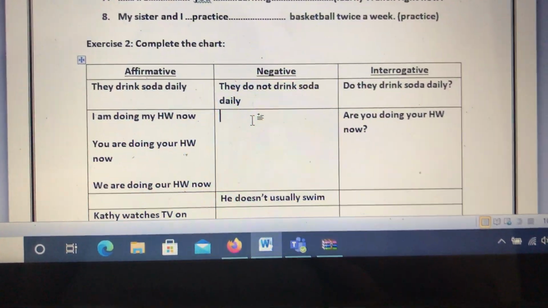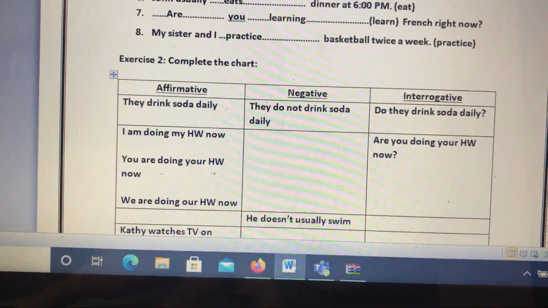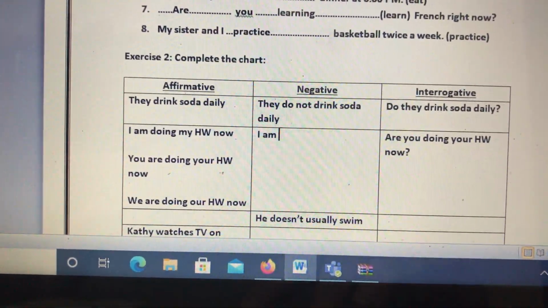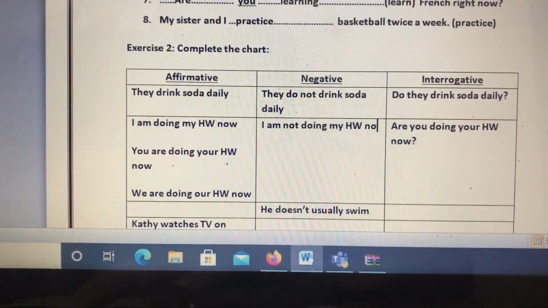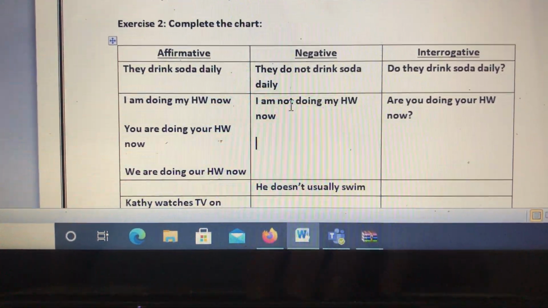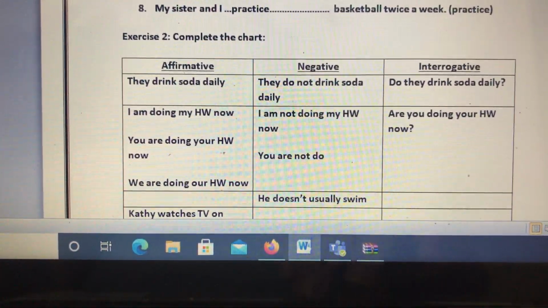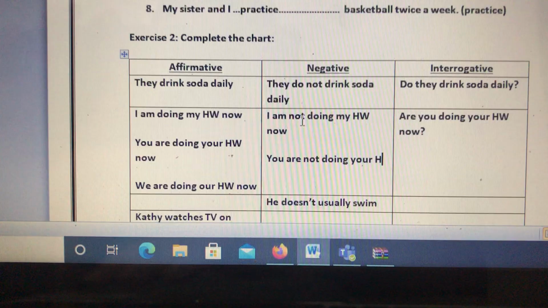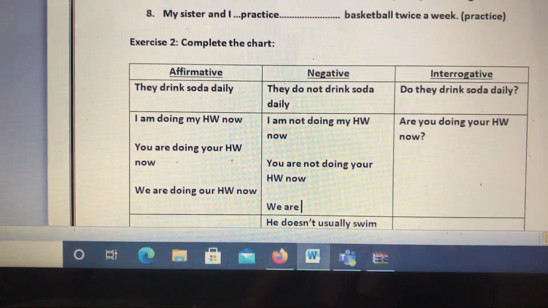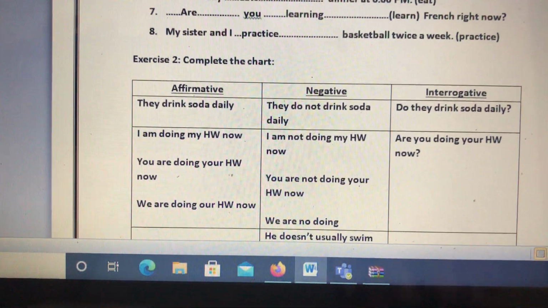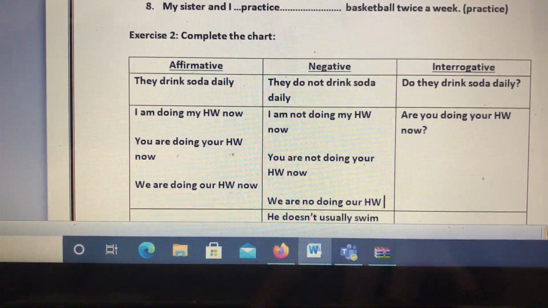In the negative form, when we negate this affirmative sentence, it will become I am not doing my homework now, or you are not doing your homework now, or we are not doing our homework now.